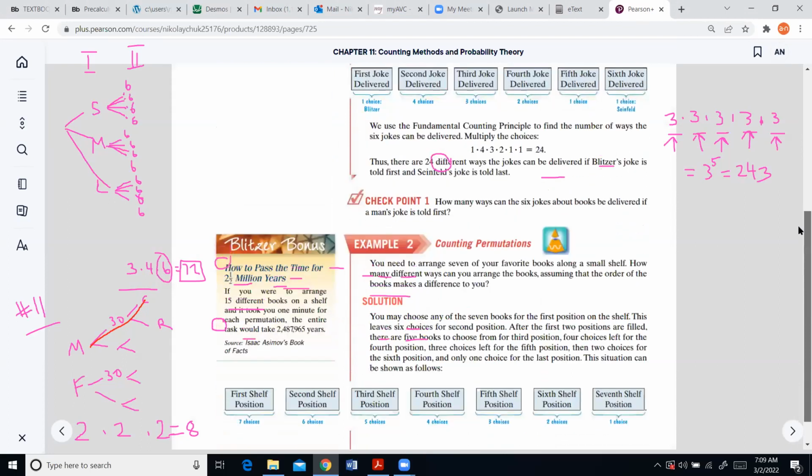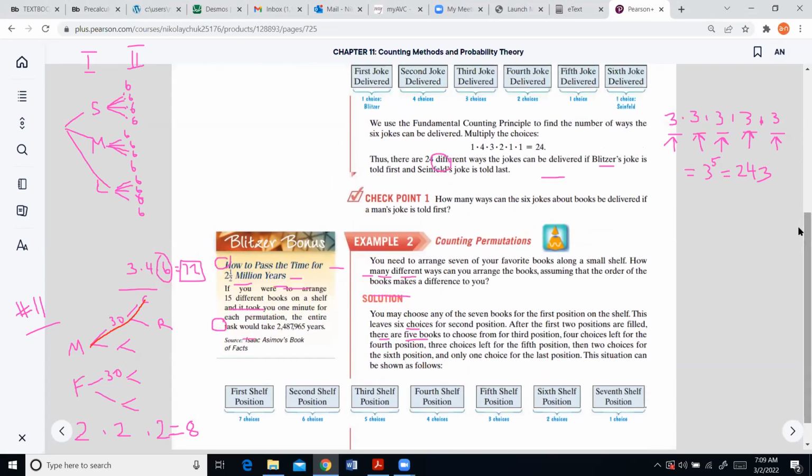So for example, if you try to multiply numbers 4, 3, 2, and 1, which is equal to 24. It turns out that you could write it a little bit differently.